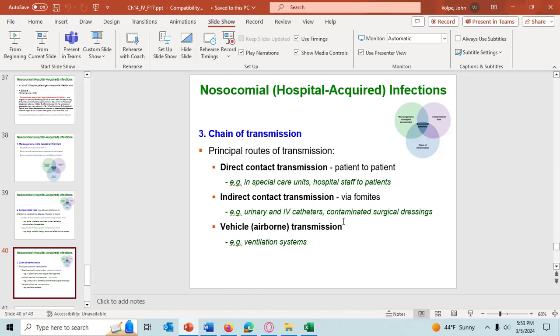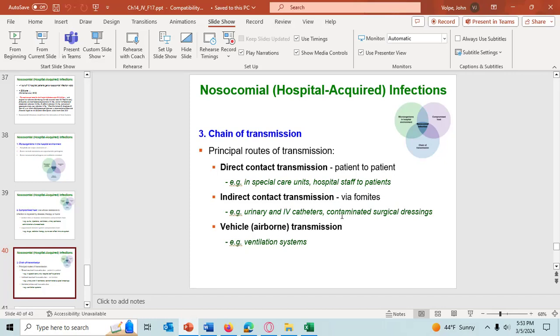He'd go to the next patient, take the stethoscope and listen to the patient's heart by touching the skin. And they were actually spreading nosocomial infective agents with that stethoscope. They now know that that's a concern, and that they have to sanitize the stethoscope before moving on to the next patient.